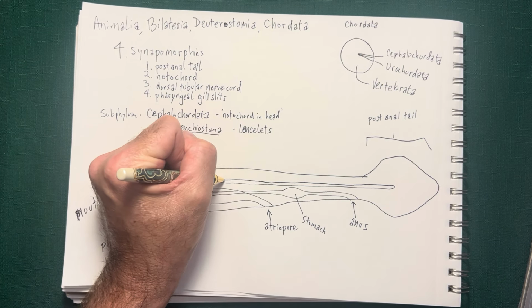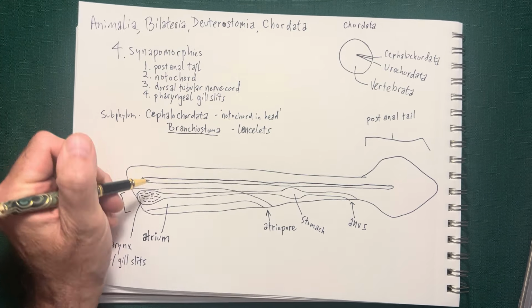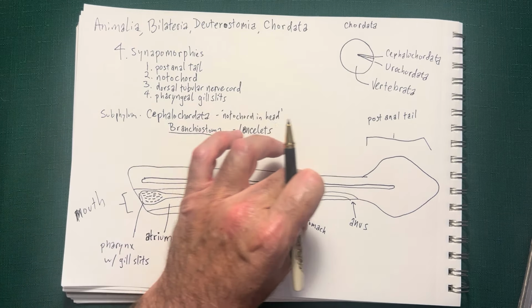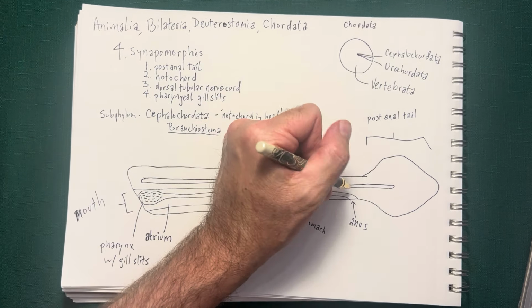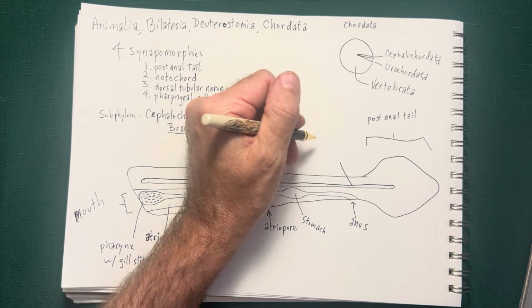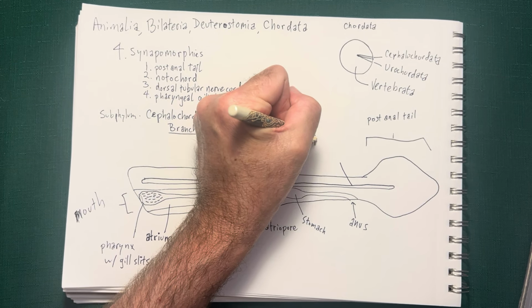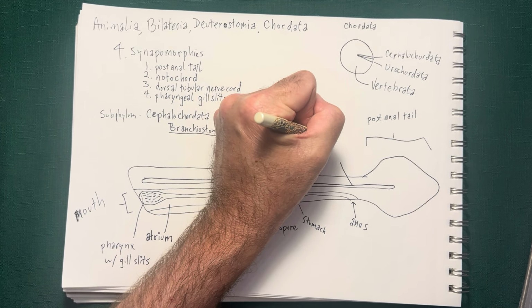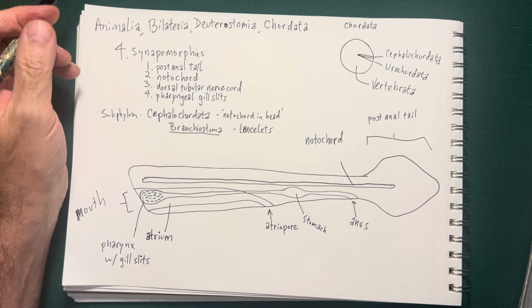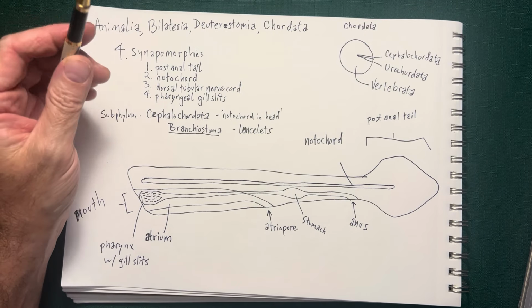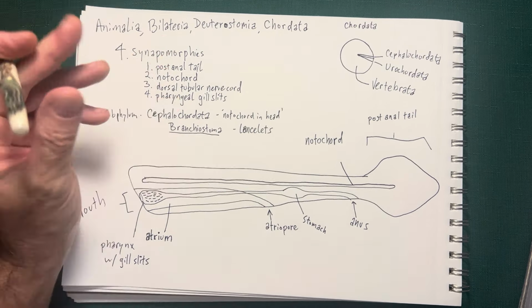Leave yourself some room to the dorsal side here. We've got to put something else in here. Now this thing here is a long cartilaginous rod, which is the notochord. So that gives the animal some stiffness.